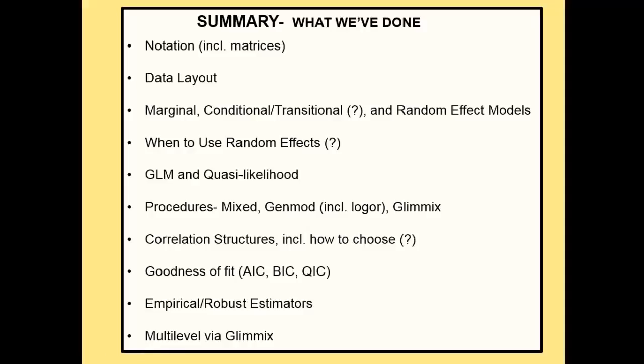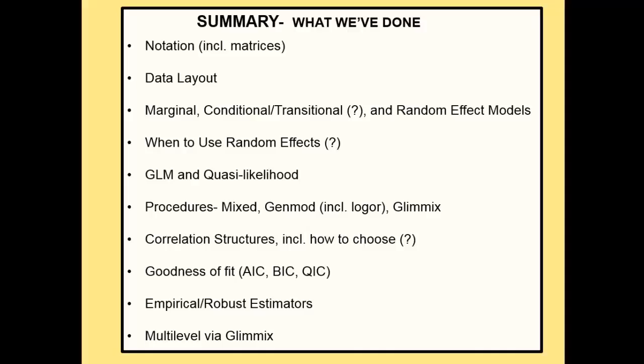And one of the key ways to describe the model is the notation for the ith cluster. In other words, a cluster-specific notation, y sub i, the set of observations on the ith cluster, on the ith subject. And we also talked about notation for matrices and how you deal with matrices to some extent.